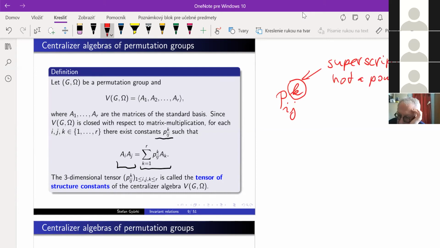These structure constants have three indices because they depend on i, on j, and on k. So we are obtaining a three-dimensional tensor, and we will call it the tensor of structure constants of the centralizer algebra.